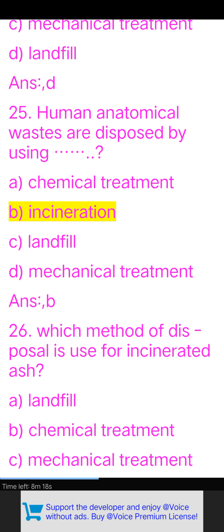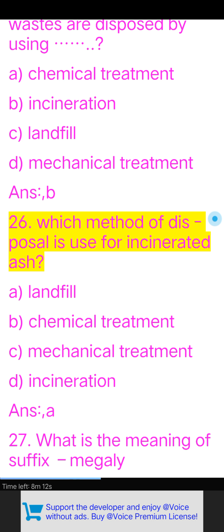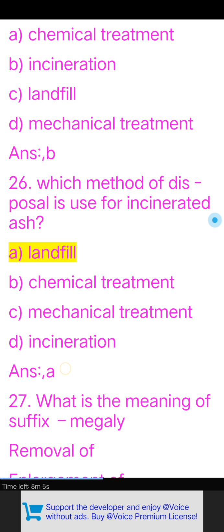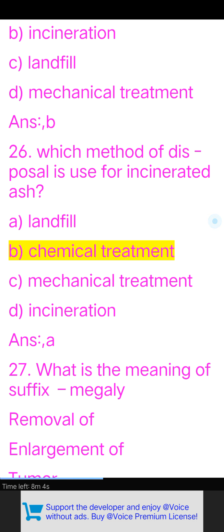B. Incineration. C. Landfill. D. Mechanical treatment. Answer. B. 26. Which method of disposal is used for incinerated ash? A. Landfill. B. Chemical treatment. C. Mechanical treatment. D. Incineration.